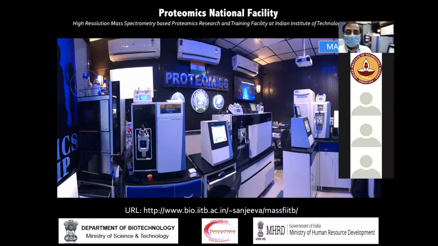And this is one more type of LC-MS, liquid chromatography followed by electrospray ionization and then the mass analyzer. So you can appreciate that there are different types of mass spectrometers available, and they have very different applications.